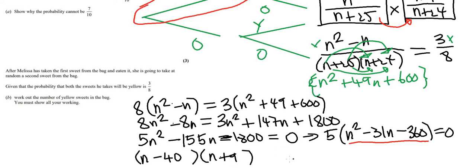So now we factorize that. Our solutions are n equals 40 or minus 9. We know that n is how many sweets are in the bag, and there can't be a negative number of sweets. So our answer is n equals 40. And that's our solution.